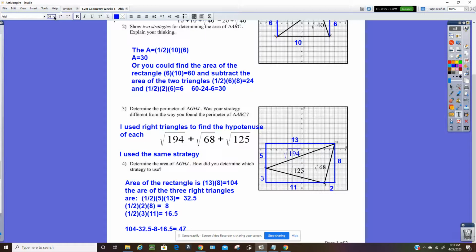Let me make it smaller. And this one is 8, which is 2 times 8 divided by 2. And then 11 times 3, 33 divided by 2.